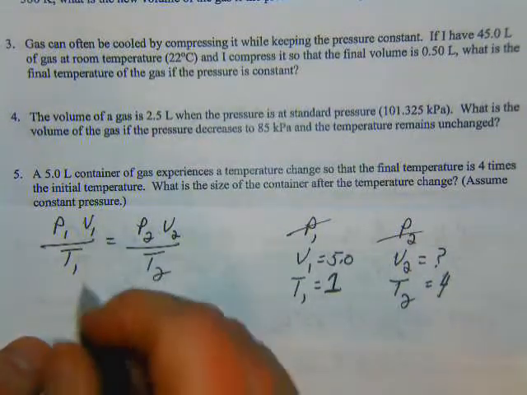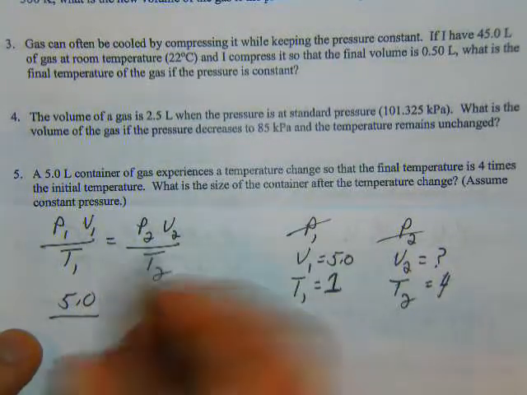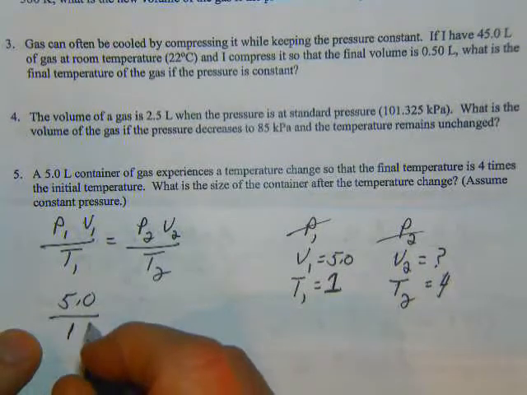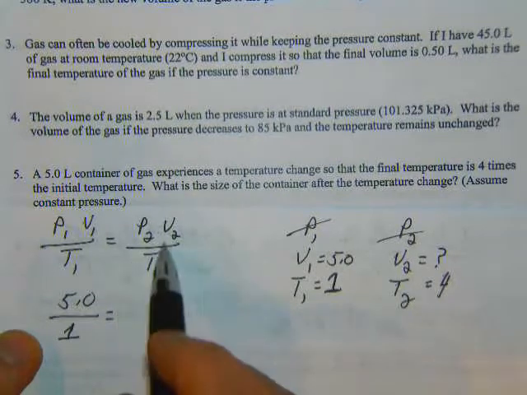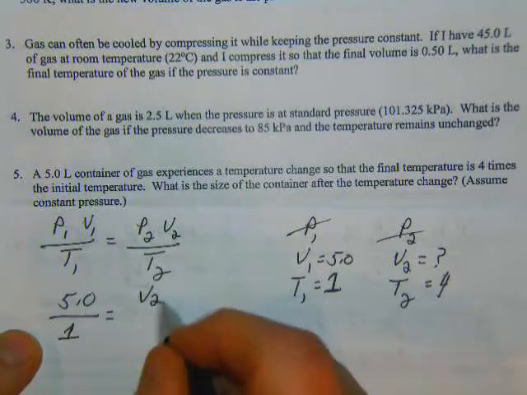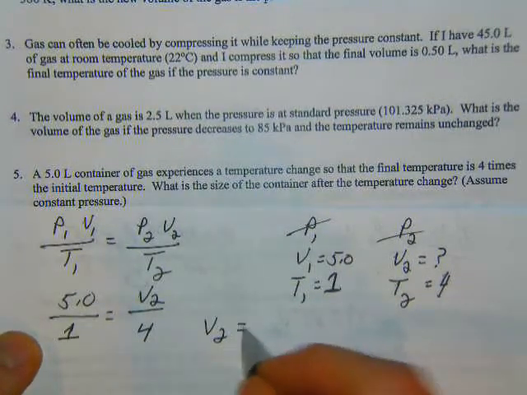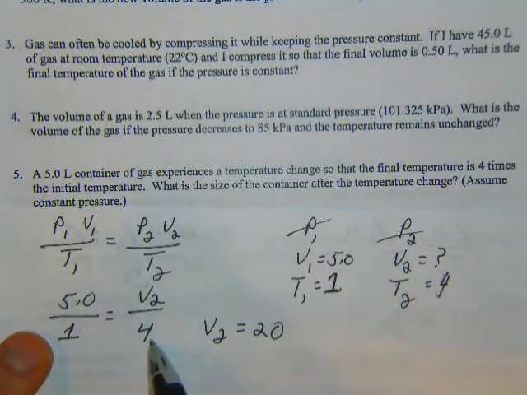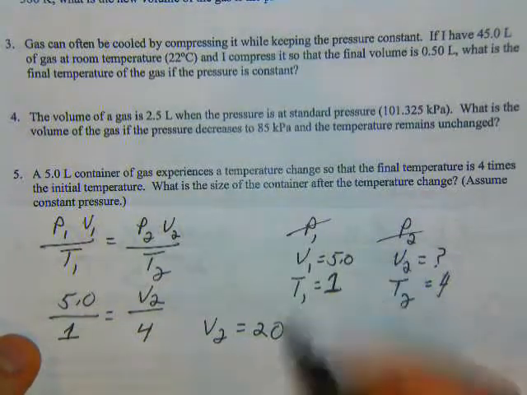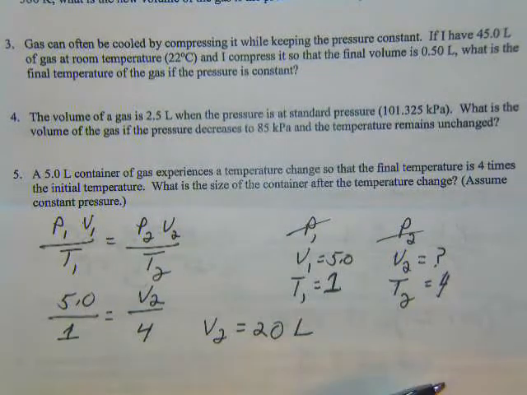So V1 is 5.0 over T1, which we'll call 1, and we have V2, which we don't know, over 4. This one's pretty straightforward. V2 equals 20, and we can only use one significant figure. Sure enough, that works just fine. Again, this is going to be liters. We're going to call this one good here, and then we're going to pick up 6, 7, 8, 9 on the next video.